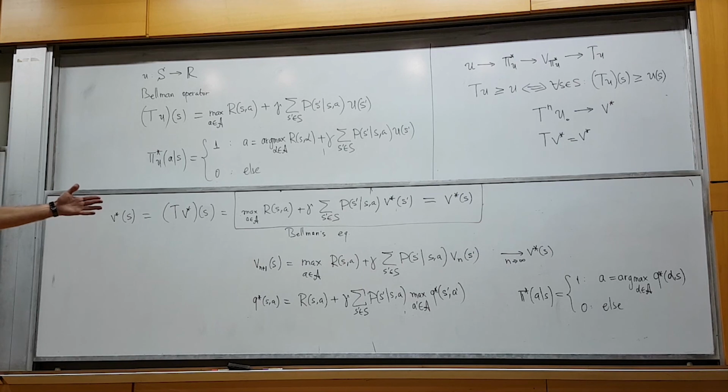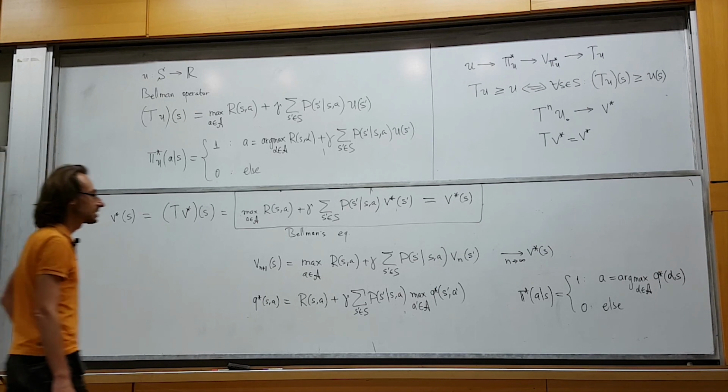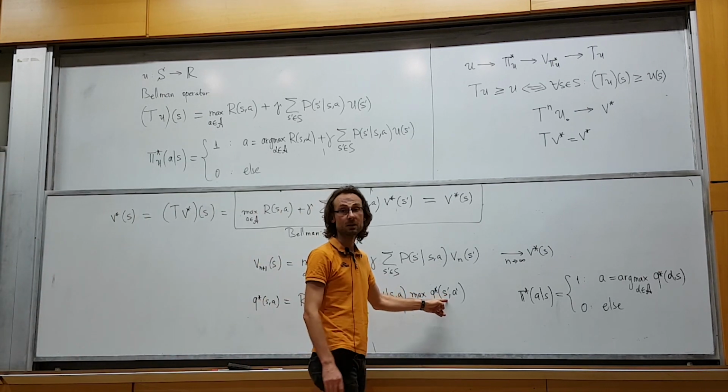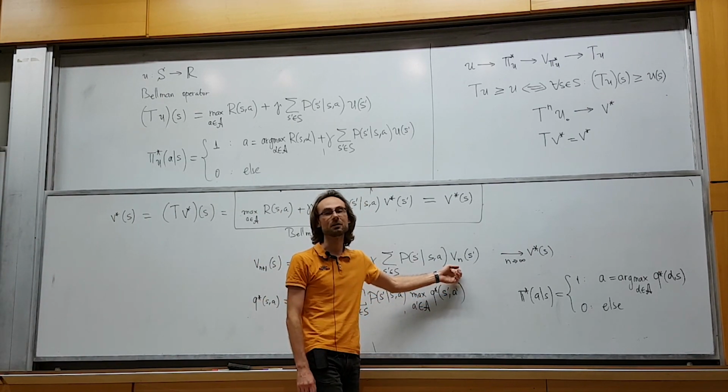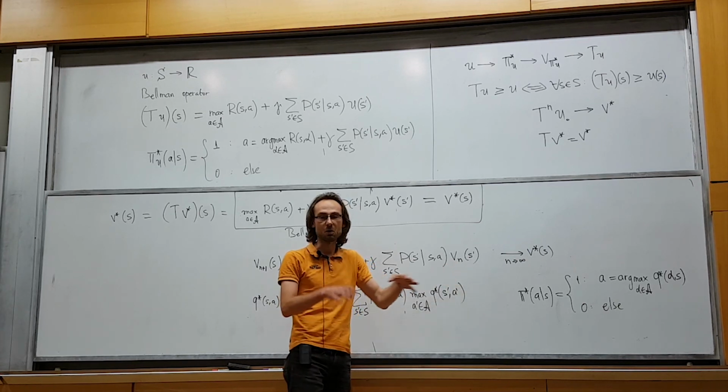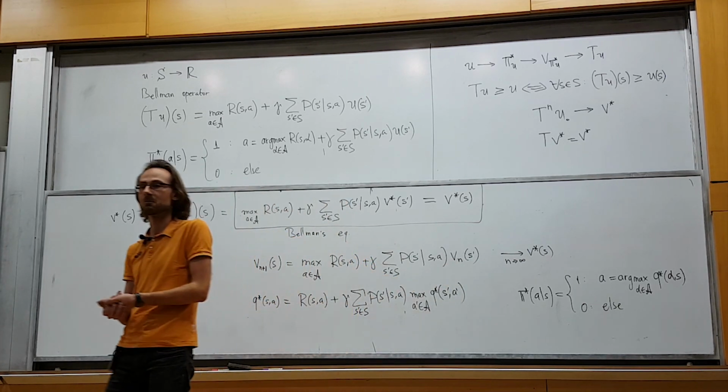You can solve this dynamic programming problem for tic-tac-toe with a 3x3 board. It's a very small state space, and finding the optimal policy is easy. But if you play chess or Go or any practical real-world game, the state space will be huge. So solving this is completely infeasible. Even though it is possible in theory, it is not possible in practice.